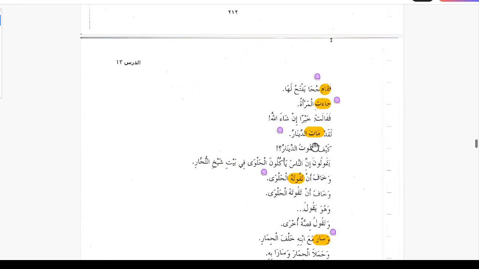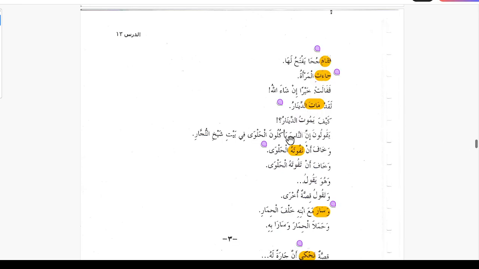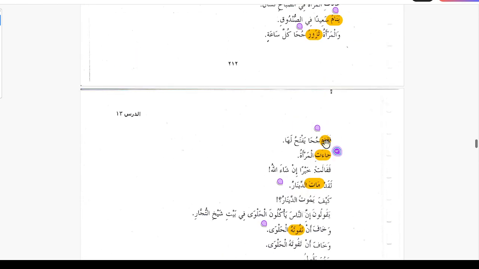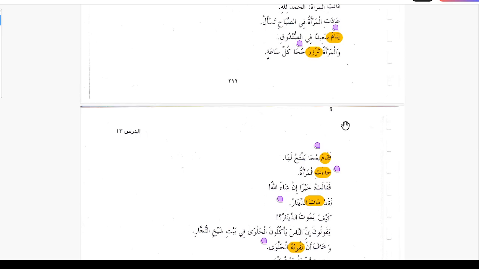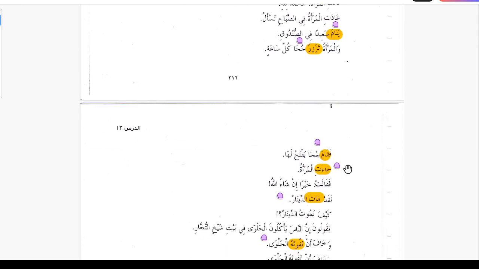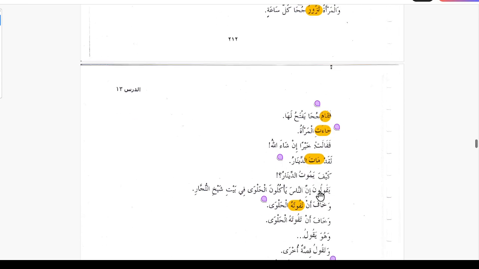Same like mata yamutu. Yakuluna anna nasa yakuluna halwa fi baiti shaykhin tujari. Again this is kala yakulu, we have seen that above. Kala yakulu, huwa yakulu, huma yakulani, hum yakuluna. So this is for them, yakuluna.